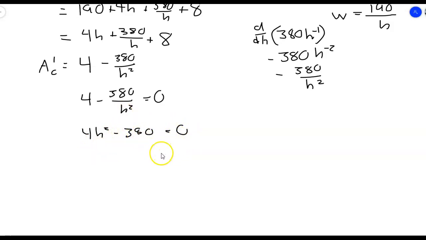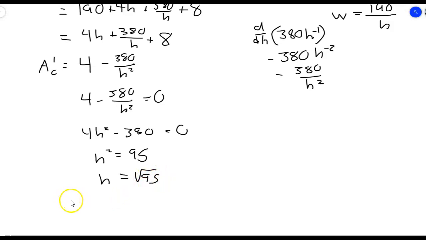Add 380 to both sides and then divide by 4, and we get h squared is equal to 95. Therefore, h is equal to the square root of 95.